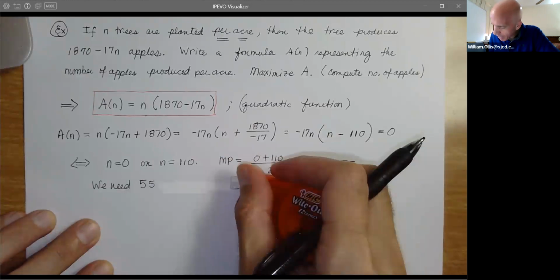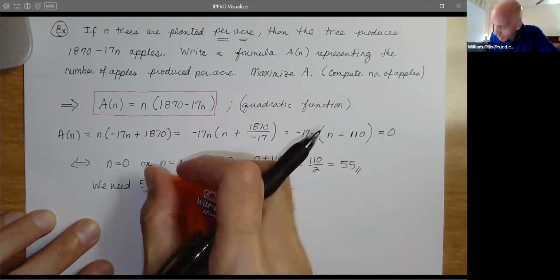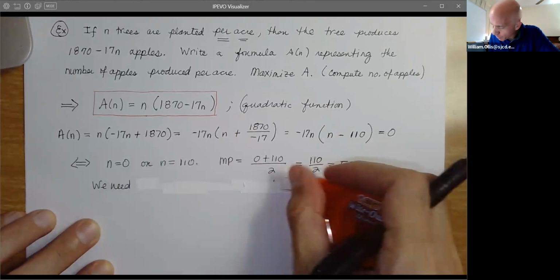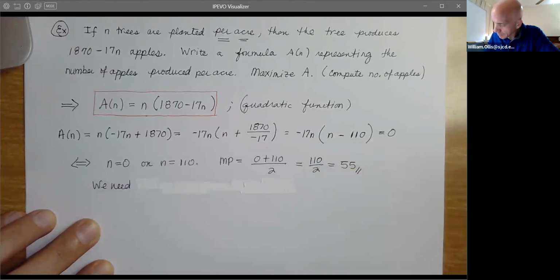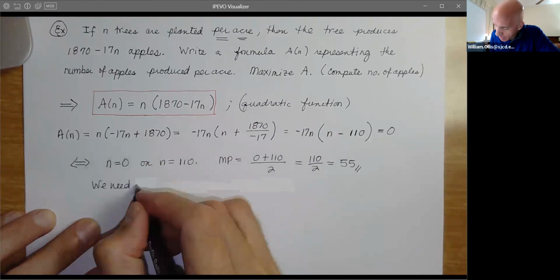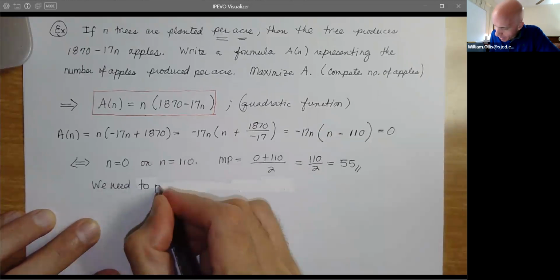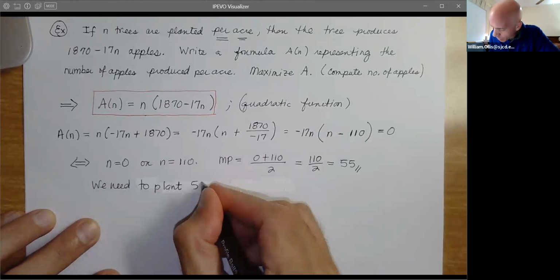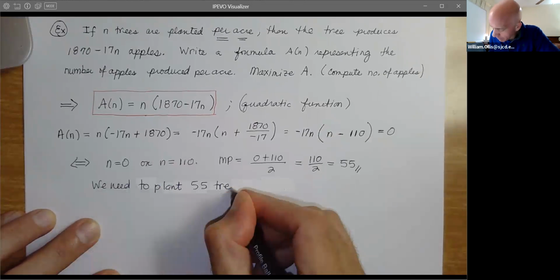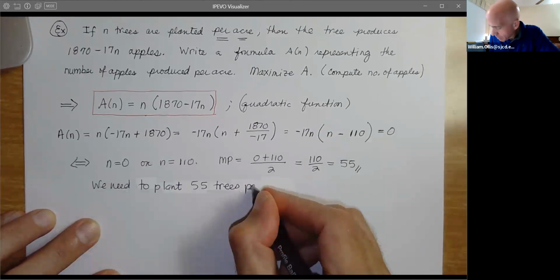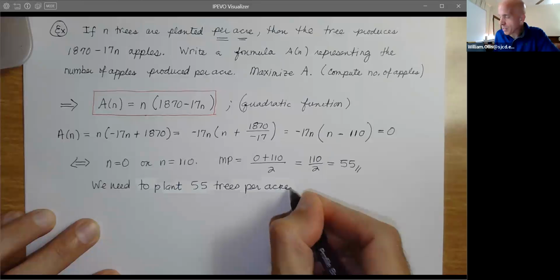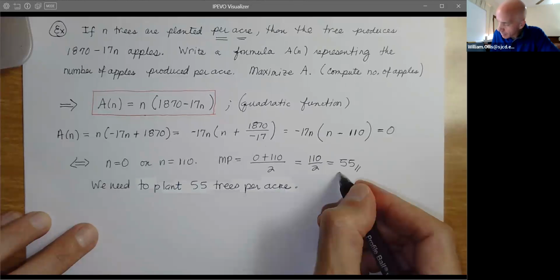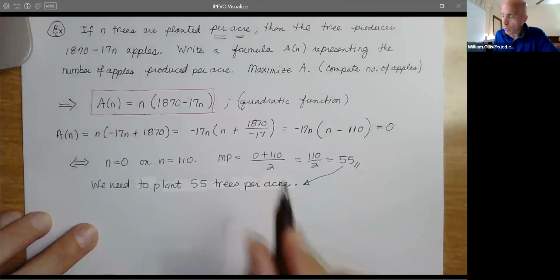We're going to figure out the apples. We need to plant. Sorry, that's the number of trees. We need to plant 55 trees per acre. Sorry. The math always corrects you. So now this is the n. N is the number of trees per acre.